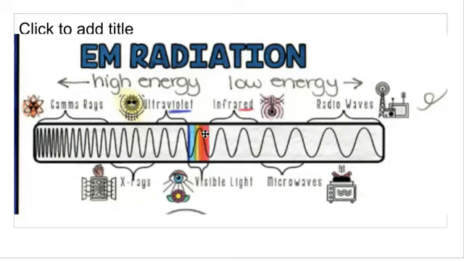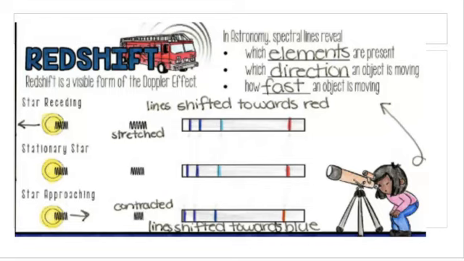So as something moves away from us, the wavelengths get bigger, or farther apart from each other. The wavelengths increase. So when you're looking at something in a telescope in the infrared, it's going to appear more red because it's moving away from us.